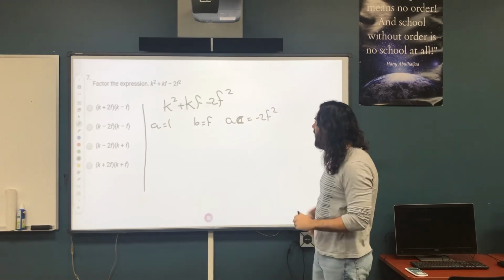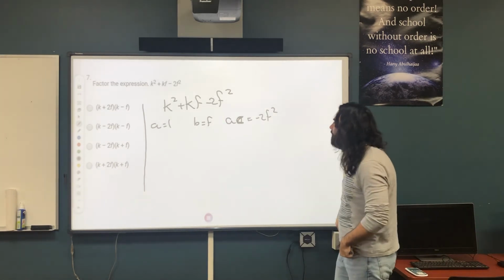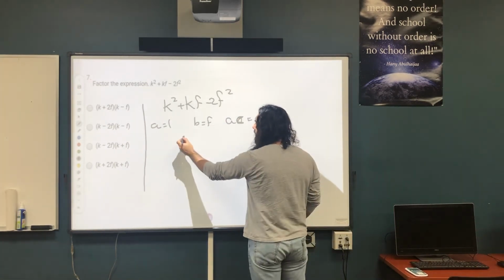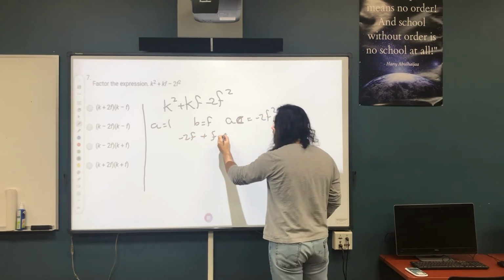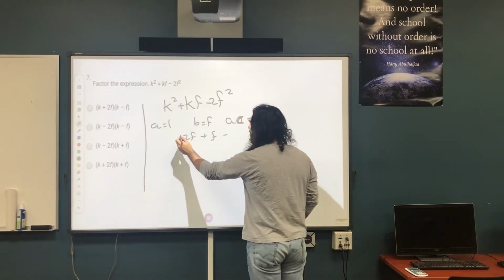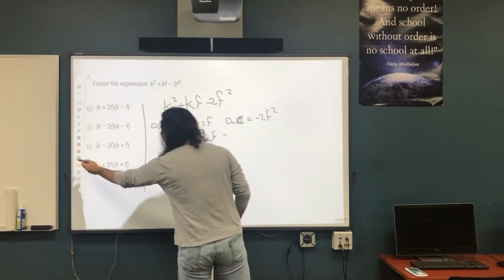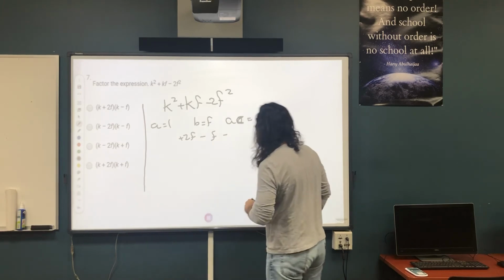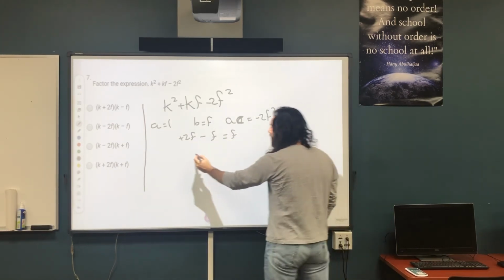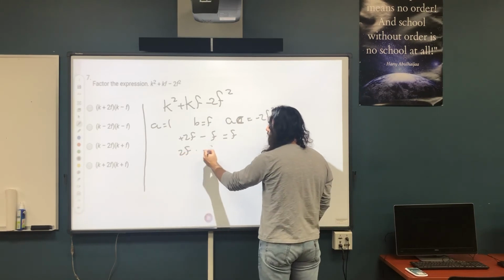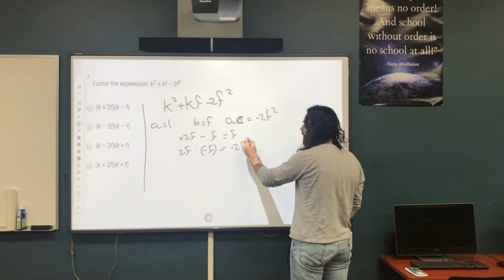So two numbers, if you add them, you get f, but if you multiply them, you get negative 2f squared. So it's going to be plus 2f and minus 1f. 2f minus 1f is going to be f. And 2f times negative 1f is going to be negative 2f squared.